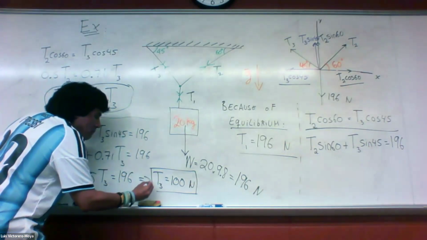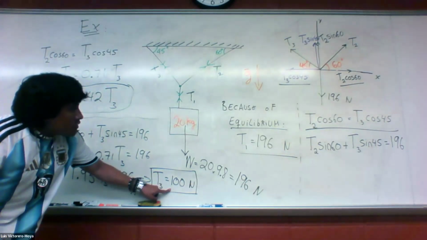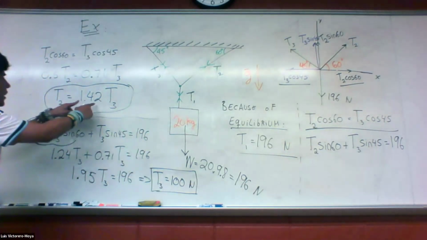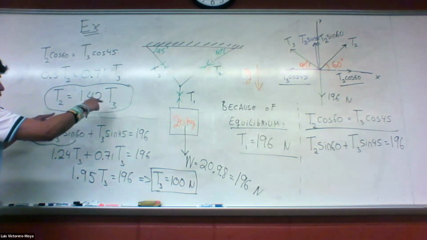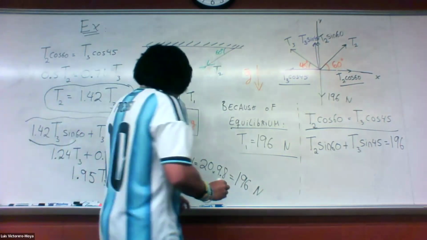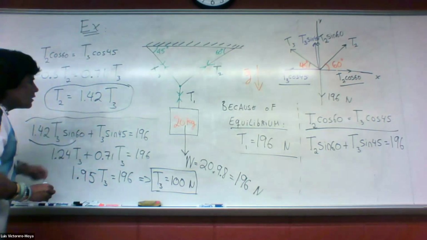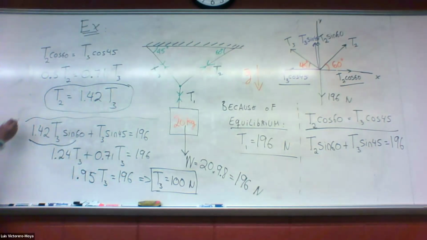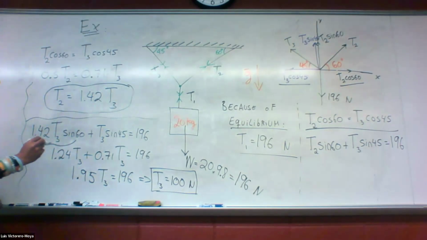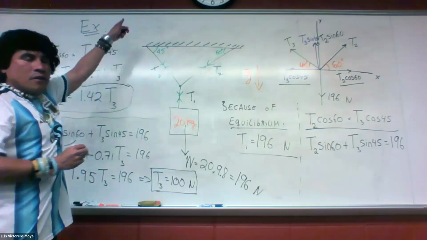I found T3. Now that I have T3, I can use it to find T2 here, right? So T2 is 1.42 T3. So let's do it here. You can see that.